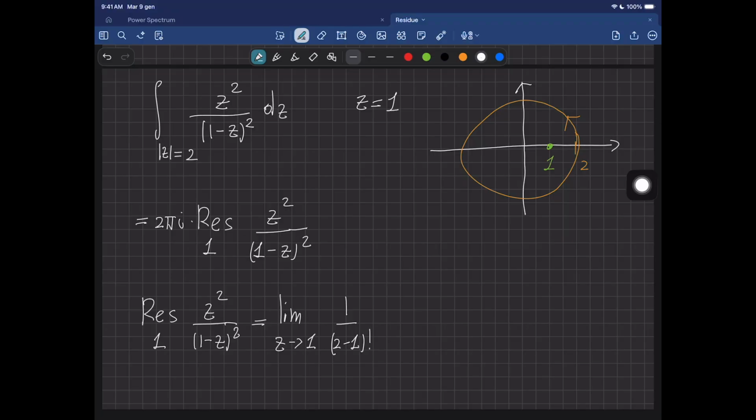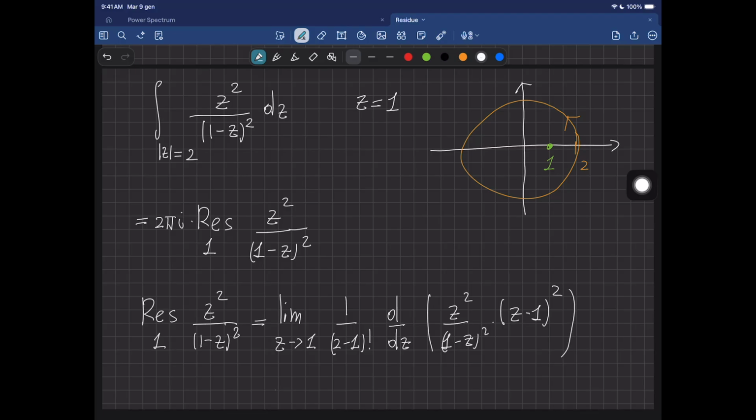times the derivative with respect to z, taken the order of the pole minus 1 times, so in this case the pole is of order 2, so just the first derivative of the function z² over (1 − z)² times (z − 1)².